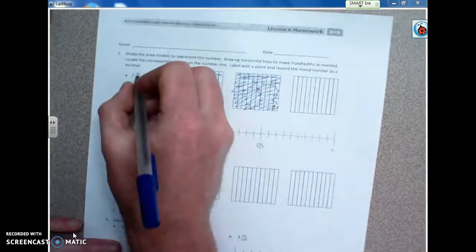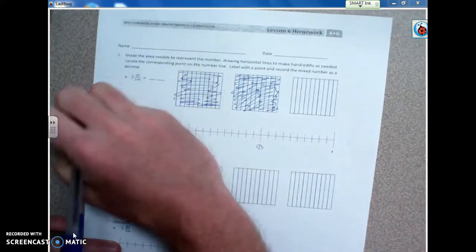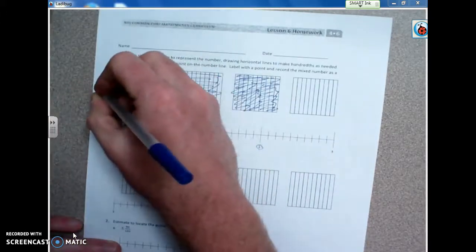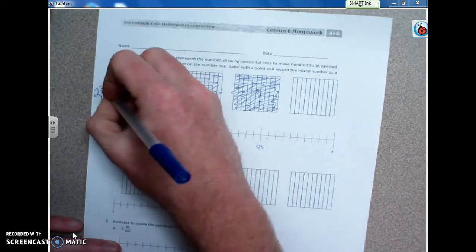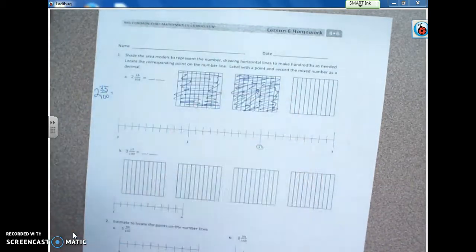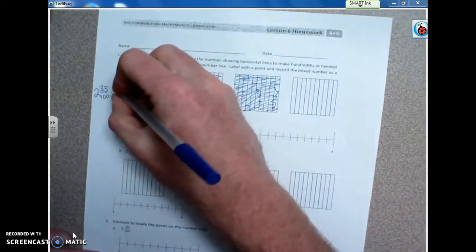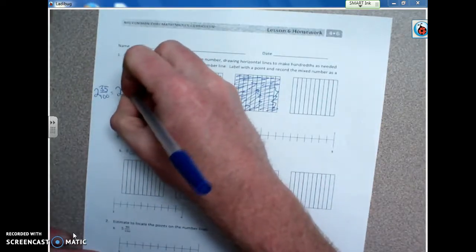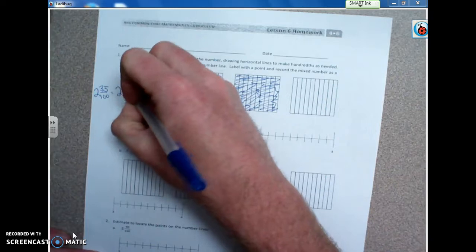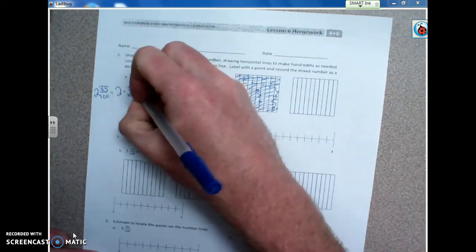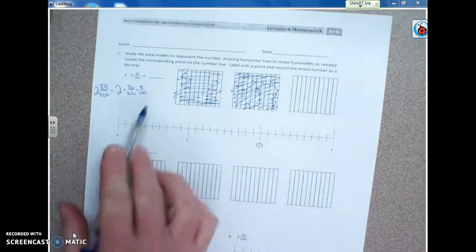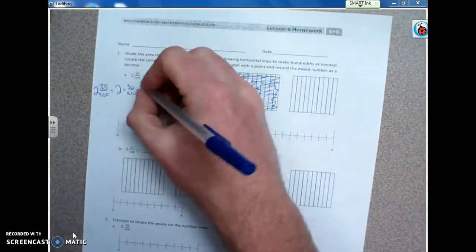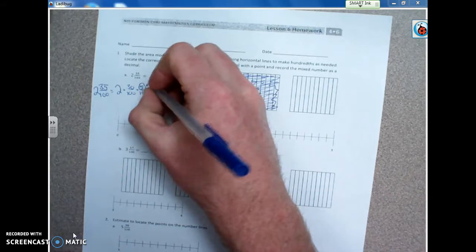Now I have 35 hundredths, 2 and 35 hundredths. If I expand that, that's going to expand into 2 plus 30 hundredths plus 5 hundredths. So my 5 hundredths, that's already written with a digit.